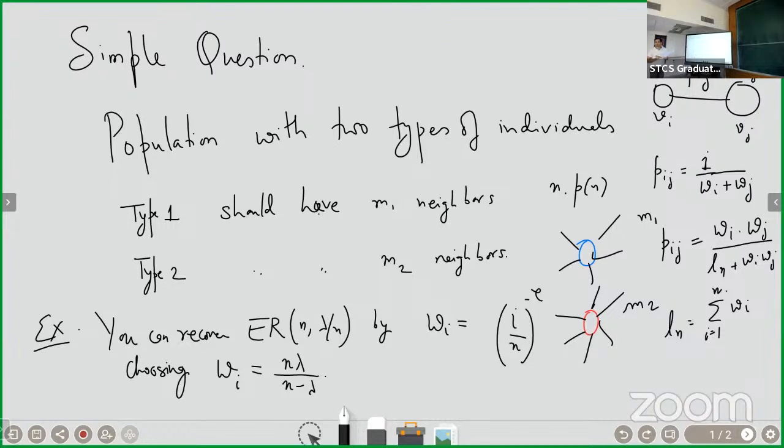As i increases, this will increase, but the value will lie less than 1. It is okay. All we care about is relative weights. We don't care about absolute weights. The way I'm indexing is i going from 1 through n, just for convenience. W1, W2: do you expect W1 to be better than W2 in terms of degree, or W2 to be better than W1?